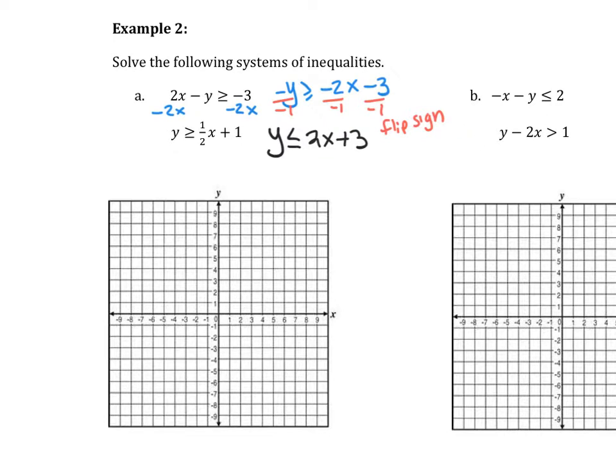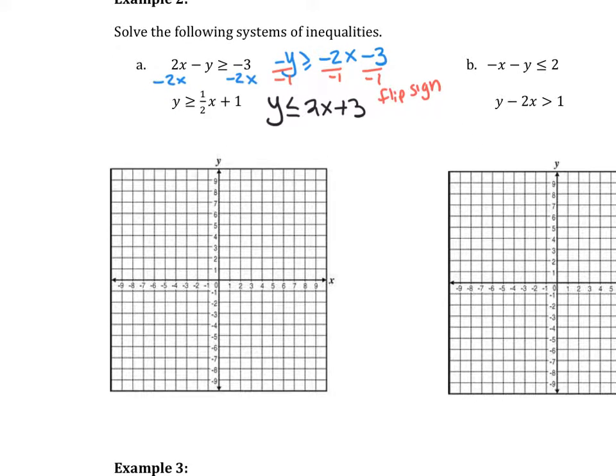So we start with our first one. The y-intercept is 3, so the point (0, 3). And then our slope is 2, so that means we go up 2, right 1.